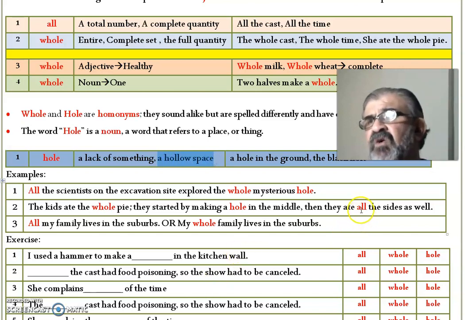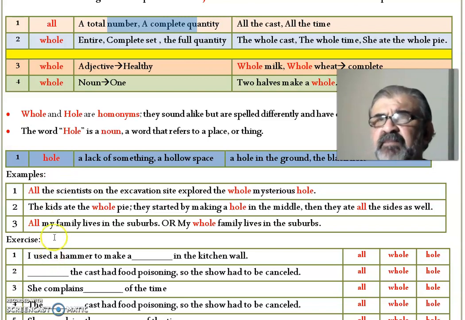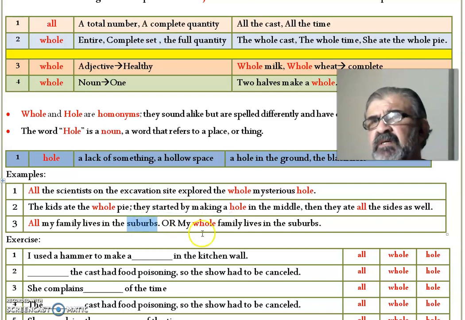Then they ate all the sides, complete, the total sides. Another example, all my family, the entire members of my family, live in the suburbs. Or my whole family lives in the suburbs. Both are accepted and both refer to complete and entire and full quantity.